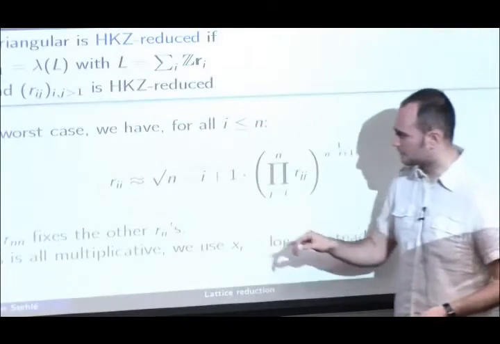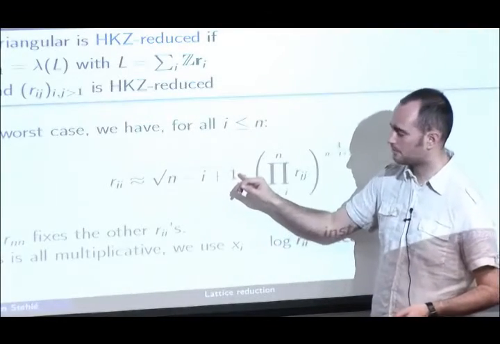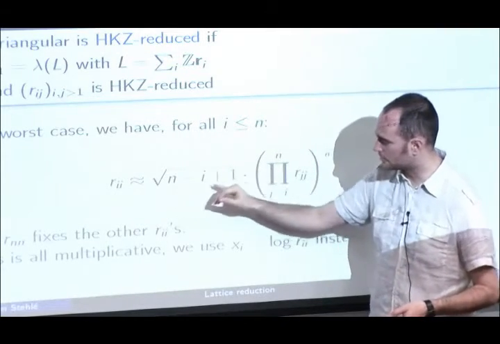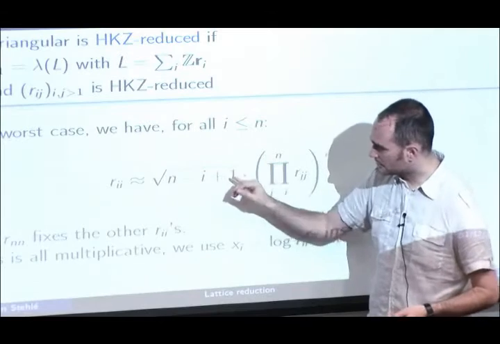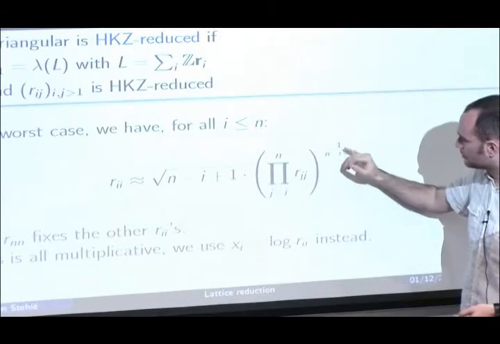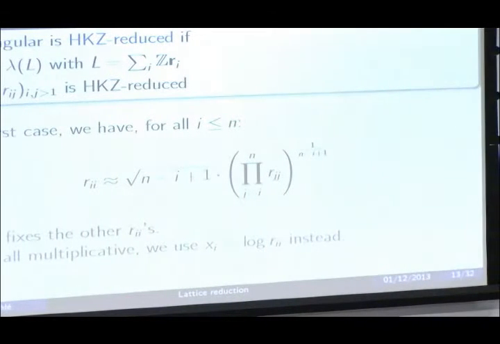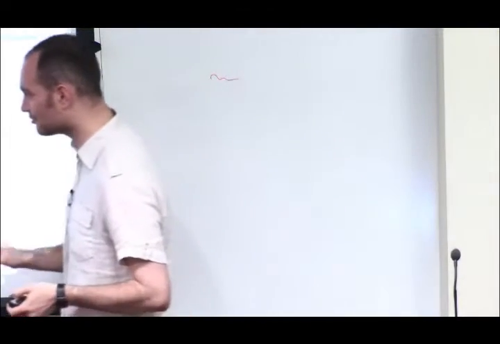The corresponding lattice has dimension n minus i plus 1. So that's the bottom right part of the R factor. The least small Rii can get is square root of n minus i plus 1 times the 1 over n minus i plus 1th root of the determinant of the corresponding lattice. The corresponding lattice is the bottom square n minus i plus 1 by n minus i plus 1 submatrix of R, which is triangular.